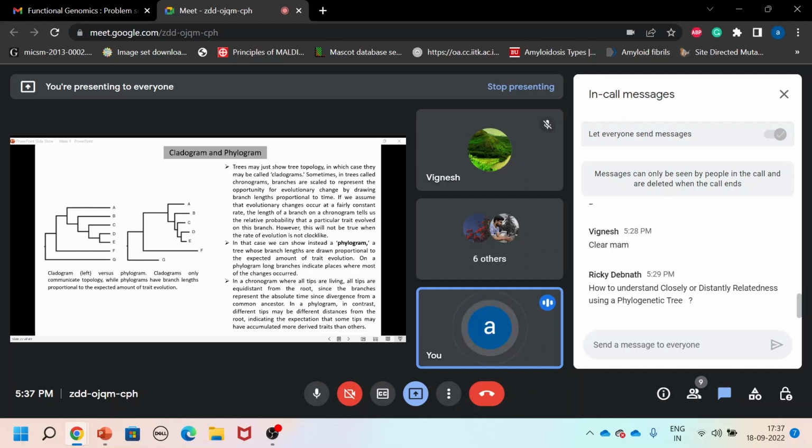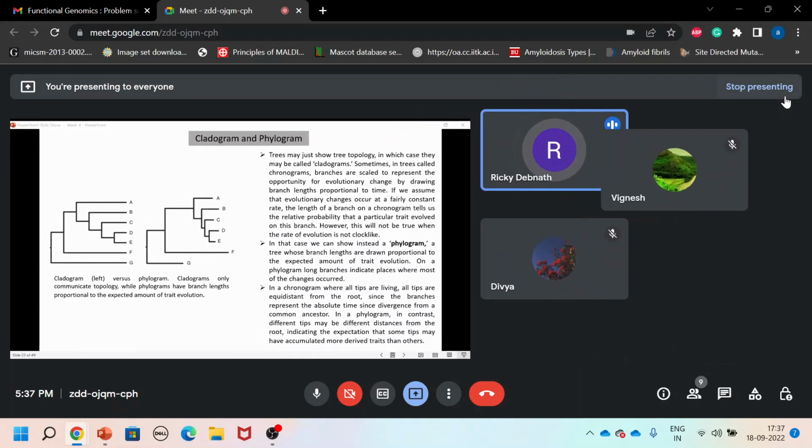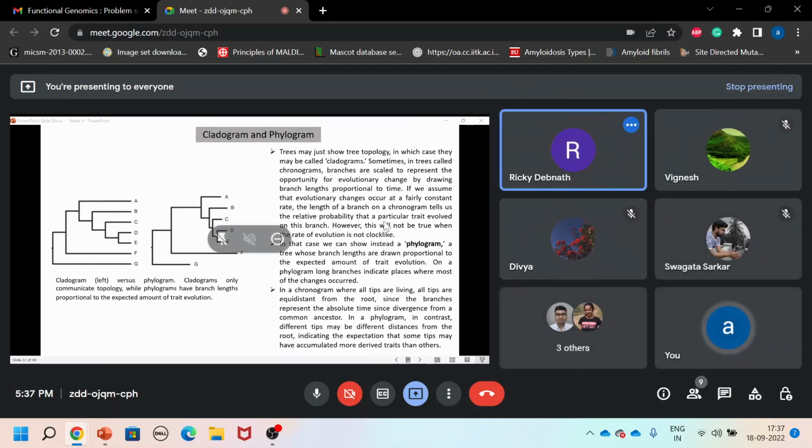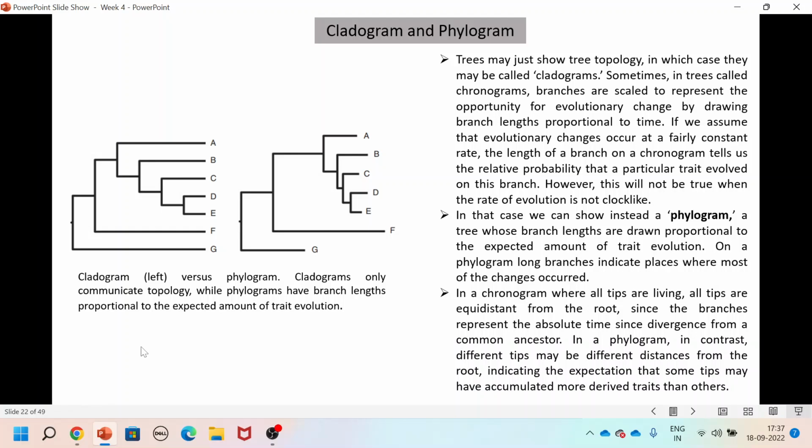Hello, am I audible? A confusion is there, but a little bit, if you can explain it one more time. Okay, so where are you getting confused? I understood the clades and how they are related to a common ancestor, and that it is stable throughout all the clades.